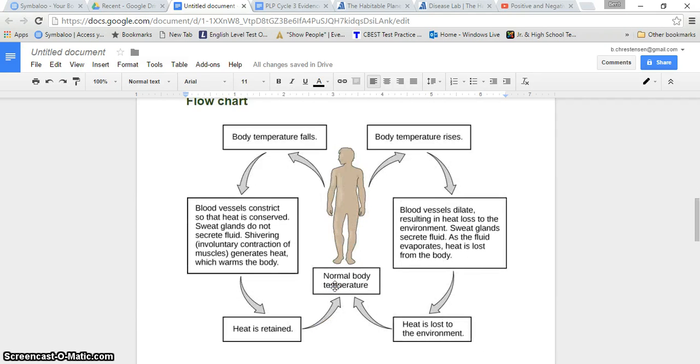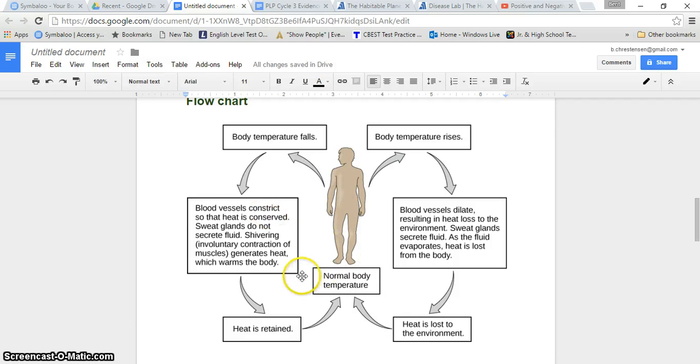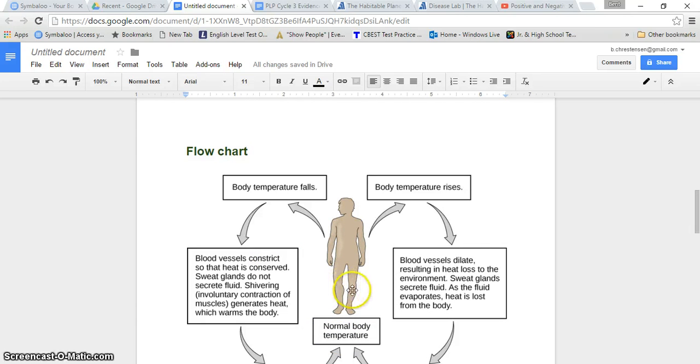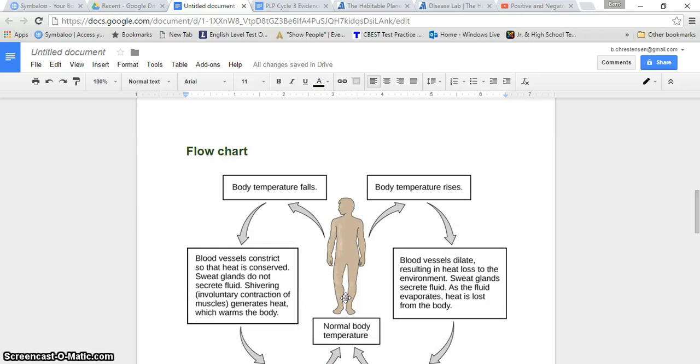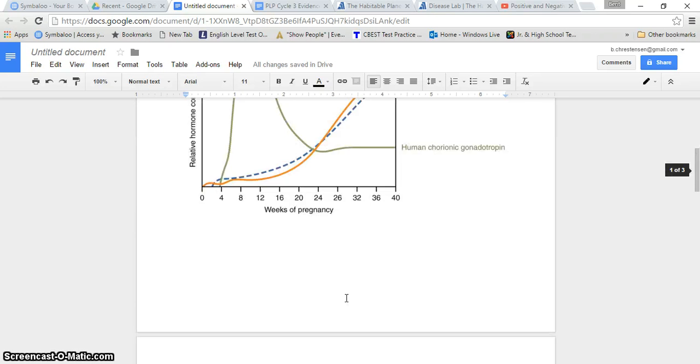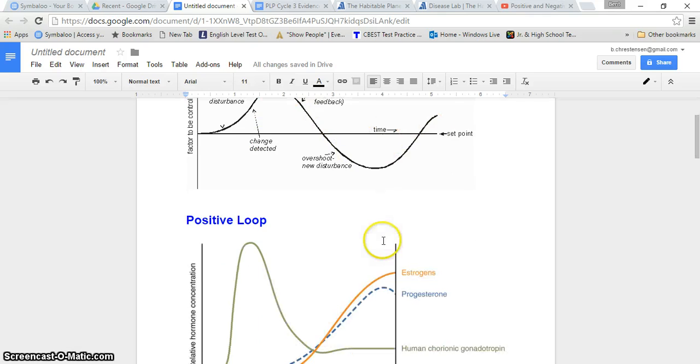After she knew this was a negative loop, it was easy to understand with the temperature that it comes back to normal because the body counteracts the stimulus, and she could relate that to the negative loop, where she could also see it came back to balance.